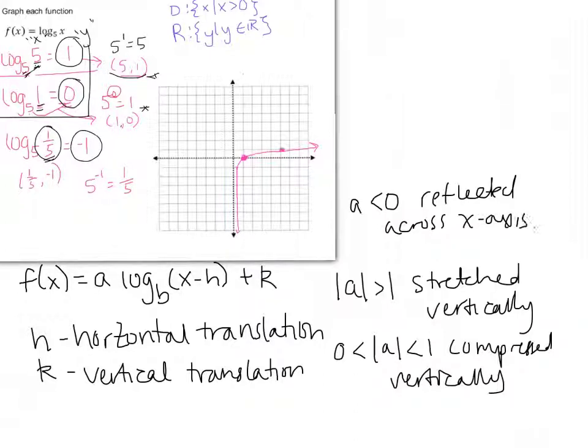Notice that these are all the standard things that were also the case for exponential graphs. And what our h, k, and a represent here have also held true for all the different parent functions we've talked about. So that might help you graph some of these logarithms, but I really think the easiest way to graph these logarithms is to try to think of these 3 points. Alright, so that is graphing logarithms and logarithm functions.